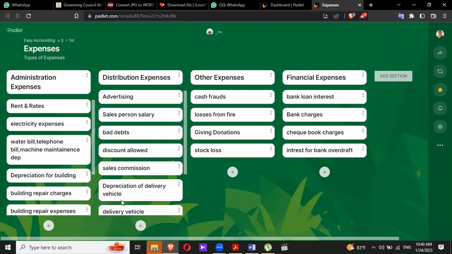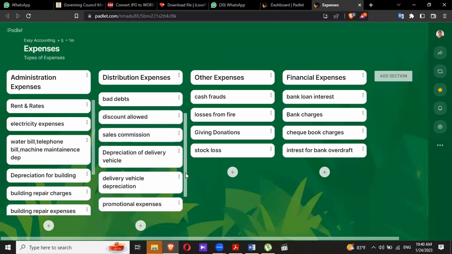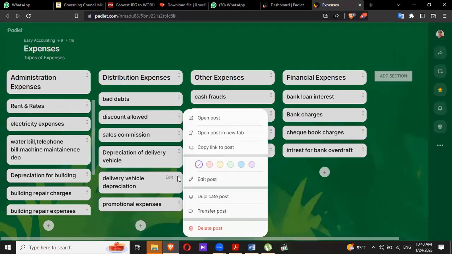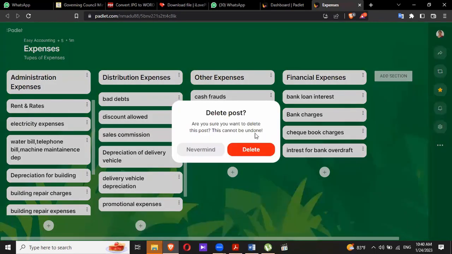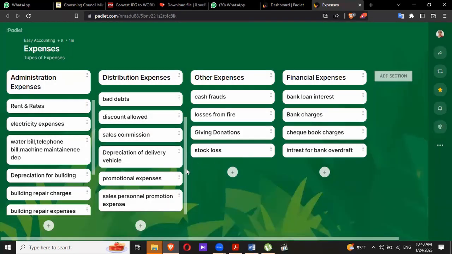Depreciation of delivery vehicle, good. Depreciation of motor vehicle, depreciation of delivery vehicle. That motor vehicle and delivery vehicle related expenses comes under distribution, right? Delivery vehicle depreciation, yes, same thing. I'll delete the duplicate. Promotional expenses comes under distribution.